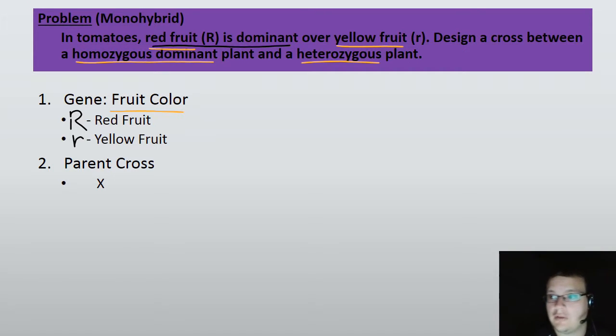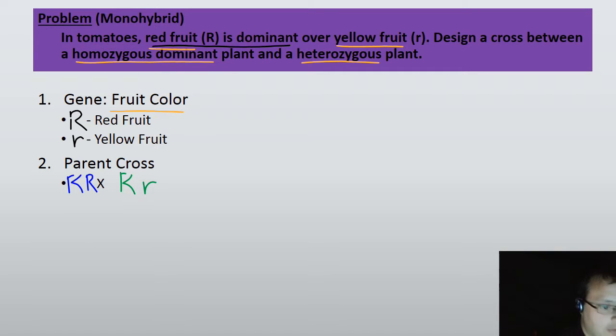Starting with the homozygous dominant, it's going to be written with two capital R's. And then our heterozygous, I'm going to do this in a different color just to show you, is going to be with a dominant allele and a recessive allele. And that's our parent cross.